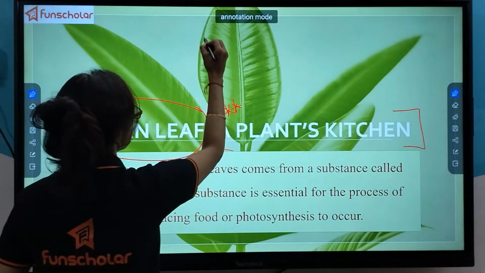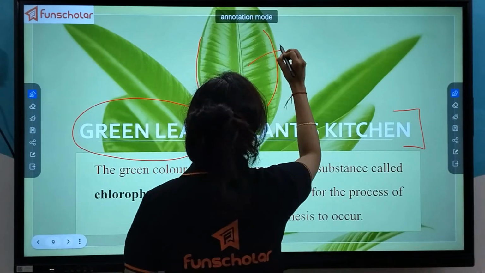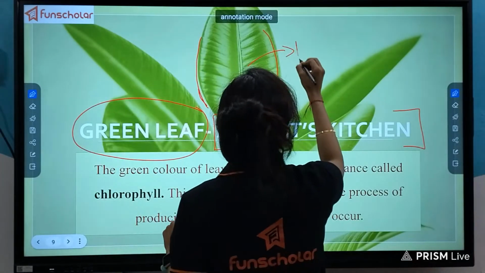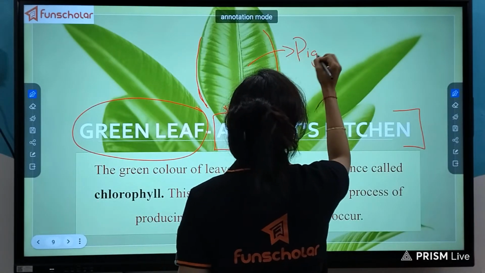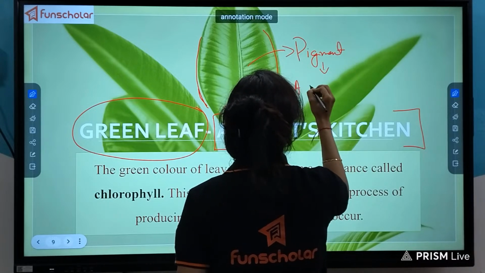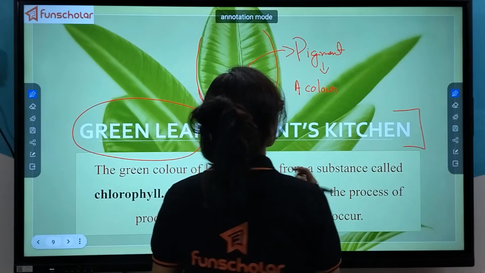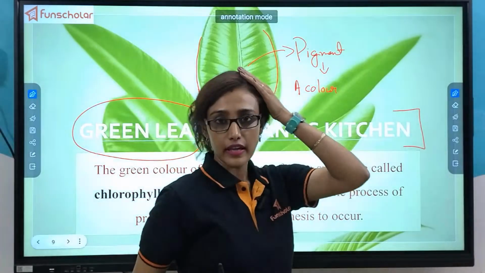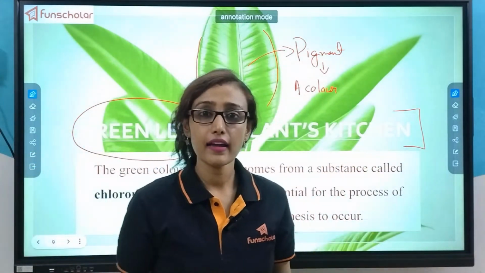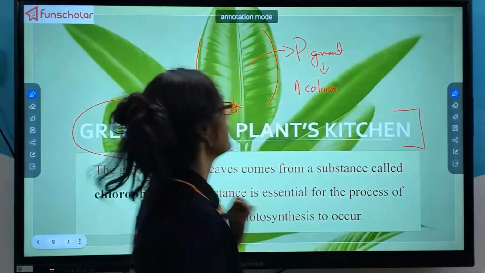You see, the green color of the plant is actually due to a pigment. What is a pigment, ma'am? A color. Okay. Now you see your hair. My hair is black in color. Why? Because it has a pigment called melanin.